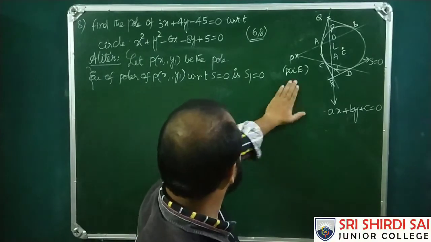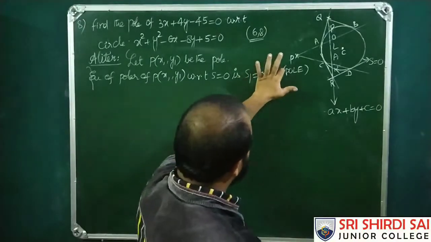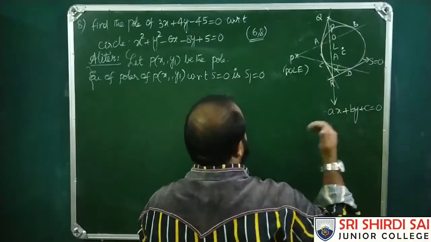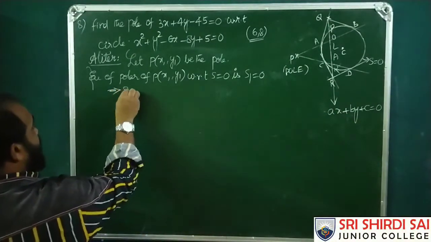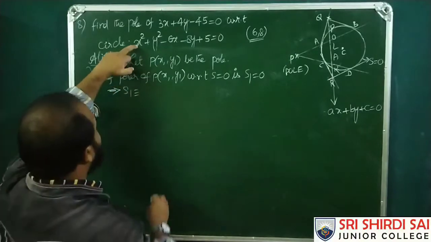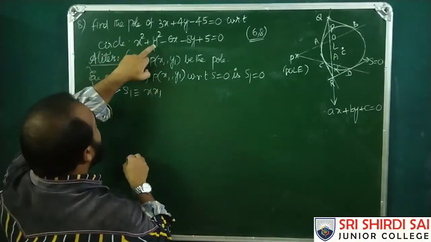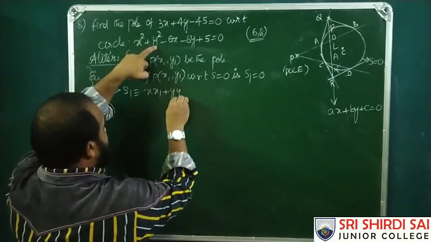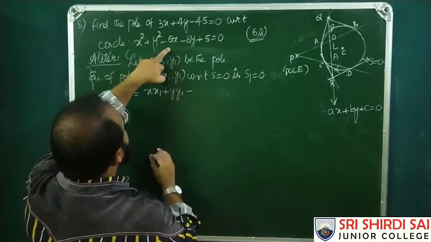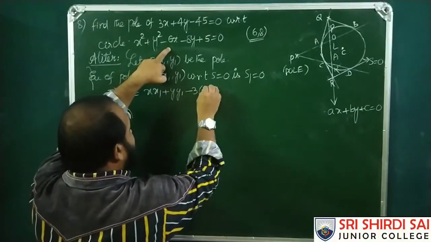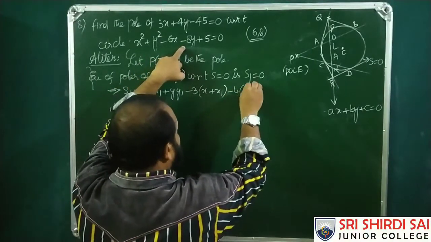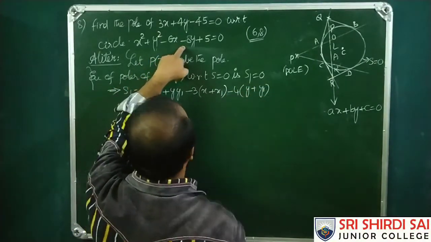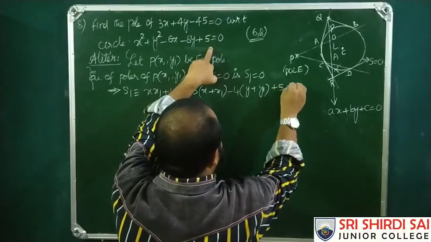So if this is the pole, the polar of this is S1 = 0. So S1 is x x1 + y y1 minus 3(x + x1) minus 4(y + y1) + 5 = 0.